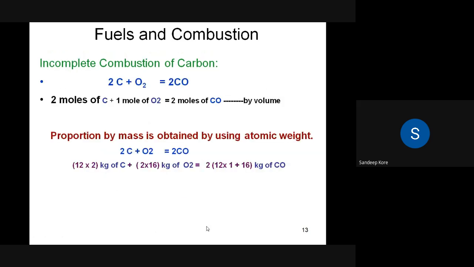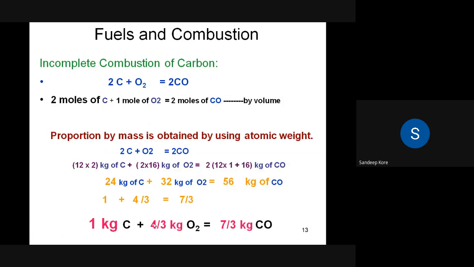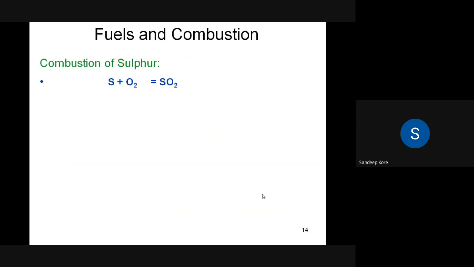And for incomplete combustion, we need 4 by 3 kg of oxygen. So for a complete combustion, we have to supply more oxygen.